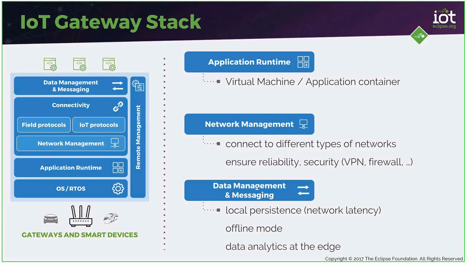So essentially what the gateway provides is a container, a runtime for several applications to be deployed at the same time, in addition to the ability to do network management. So a typical gateway will be running several applications as opposed to one single monolithic application like we saw in the first stack, the device stack.